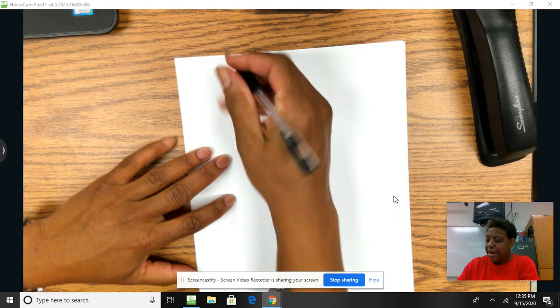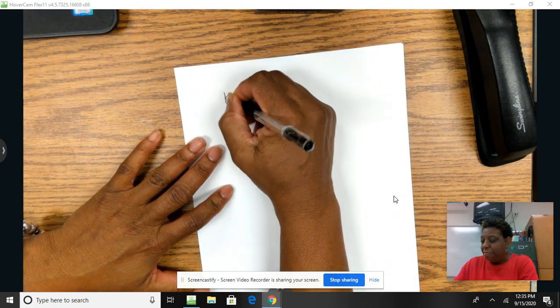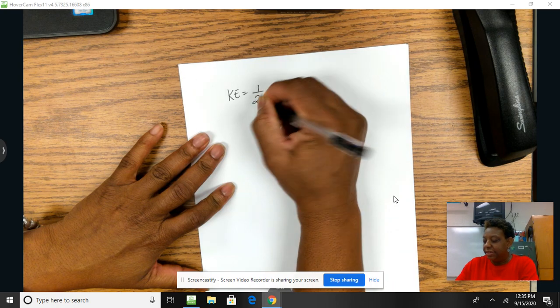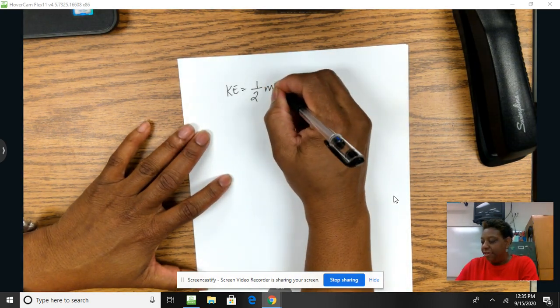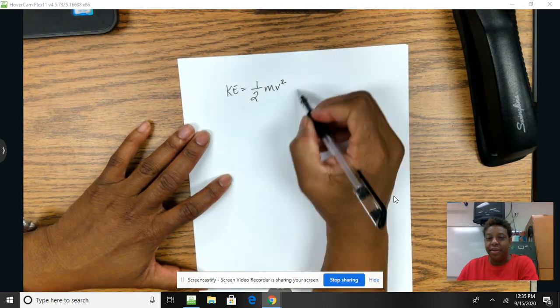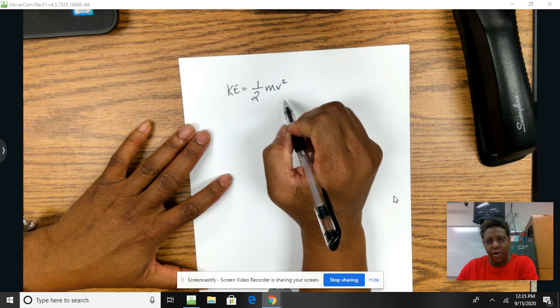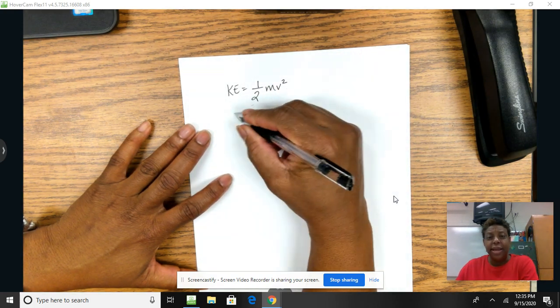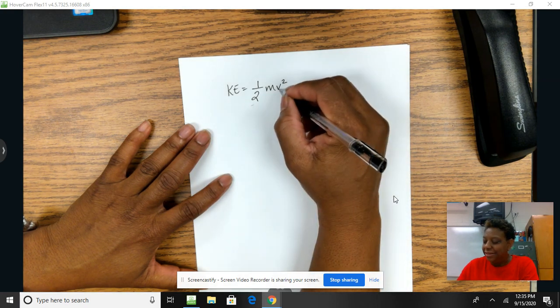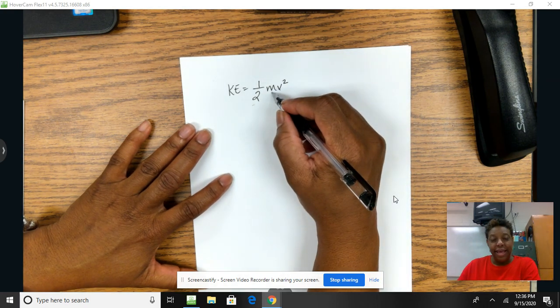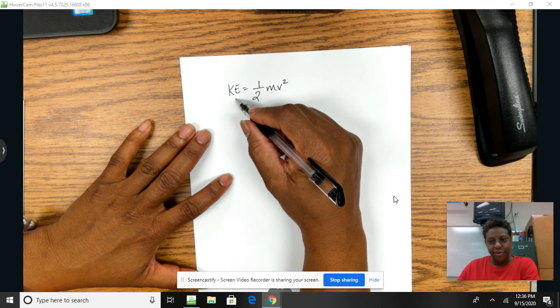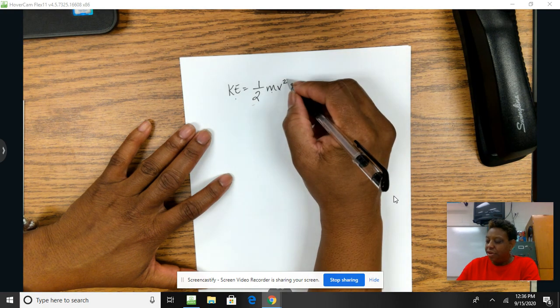Okay, so kinetic energy mathematically is 1/2 mv squared. And again, I'm going to teach you how to manage the equation tomorrow, and we'll do some calculations with this tomorrow. But right now, I'm sharing it with you so that we can see, again, that mass impacts how much energy of motion we have, but also velocity.